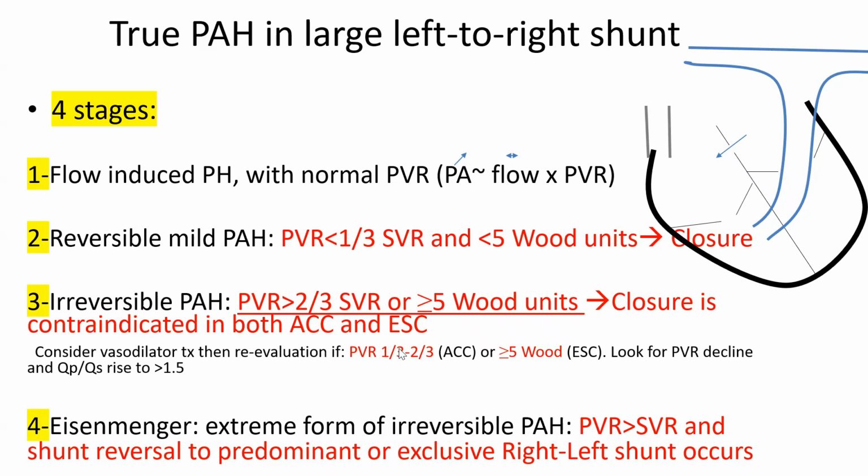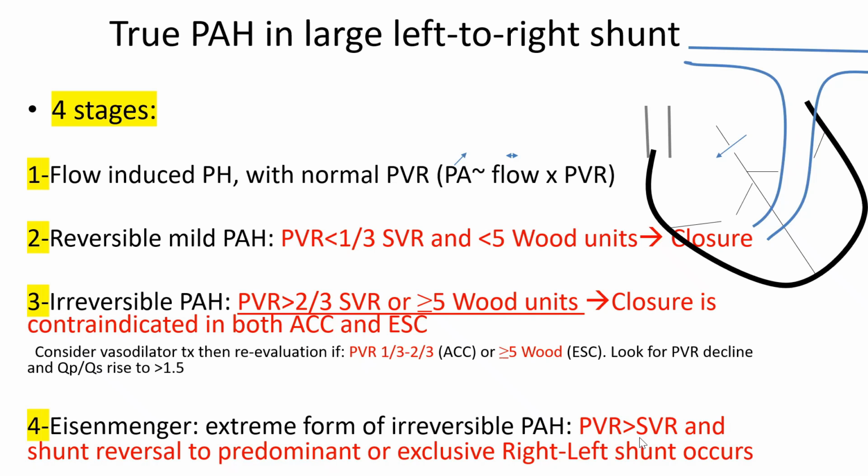Although both guidelines allow chronic vasodilator treatment and redoing the study for PVR in the medium range, 1/3 to 2/3, slightly above 5 Wood units. Then you redo your study and try to prove shunt reversal, becoming purely left to right shunt with a QP:QS more than 1.5, and show the PVR decline to less than 1/3 SVR.